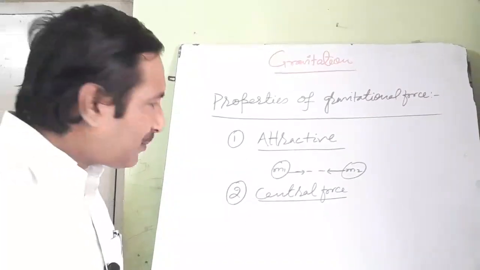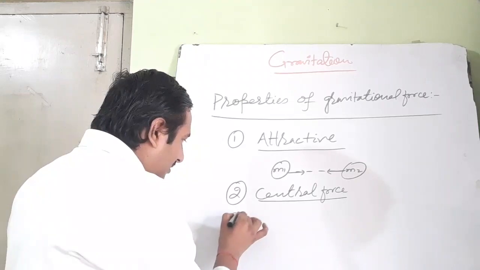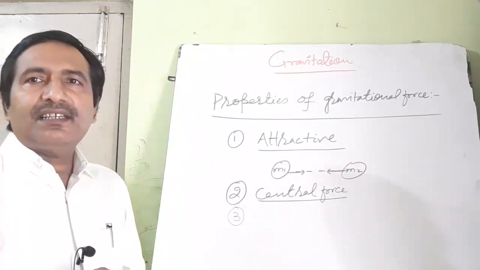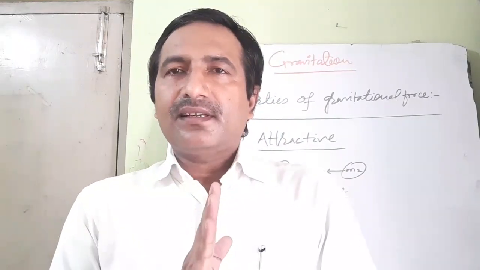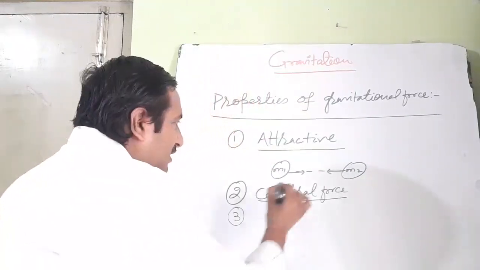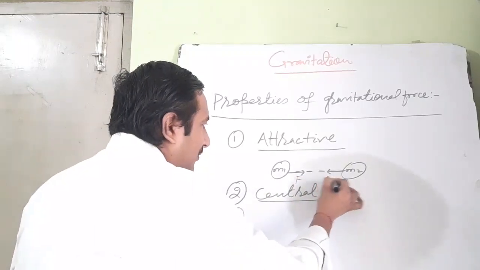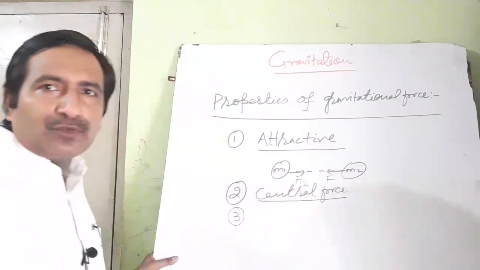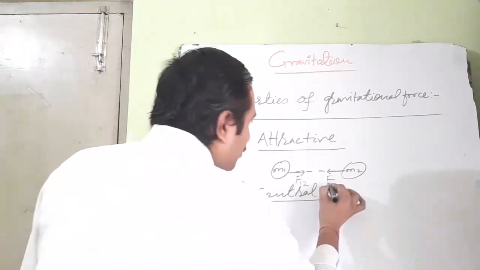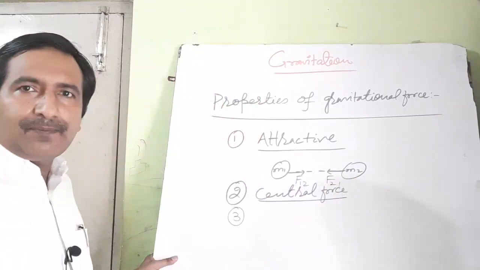Okay. Third property, you see, it obeys inverse square law. I will discuss in detail about inverse square law whenever I discuss Newton's law of gravitation. Here you just understand that inverse square law means the force acting between these two bodies. This force is denoted by F12, force on first body due to second body. This is force on second body due to first body.